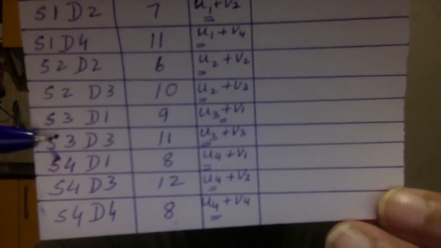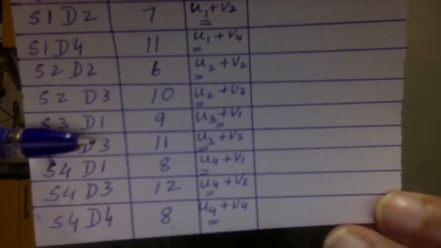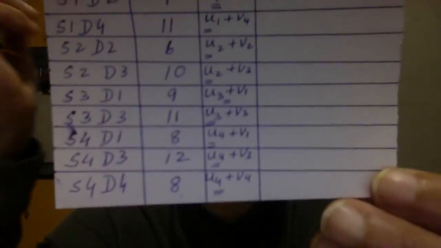It is very easy. If it is S3 D3, it is U3 and V3. S3 D1 means U3 and V1. S2 means U2. D3 means V3. So now I will fill.